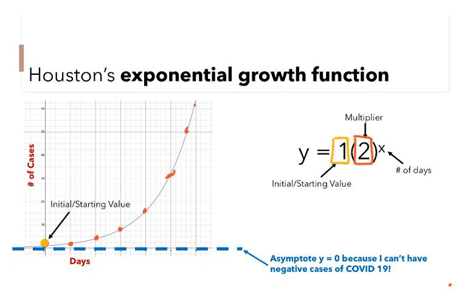The asymptote is the border that my graph cannot drop below. Okay, so I start with a starting number. We started with 1 person in Houston, and then the numbers doubled every day for some amount of days. Okay, so this is what exponential growth looks like. We start with a number, and it gets bigger and bigger really, really fast.